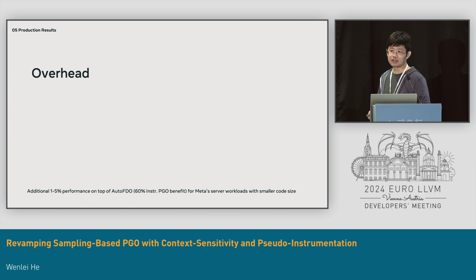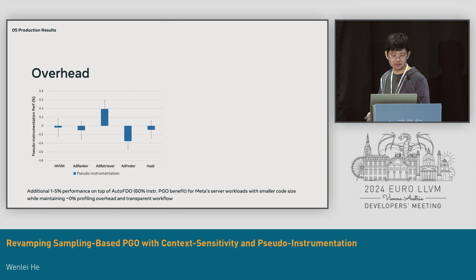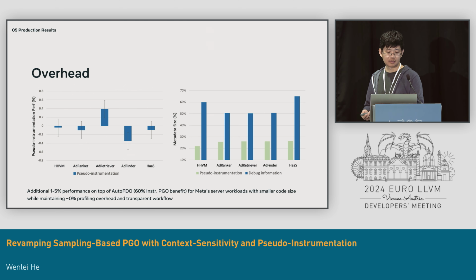We emphasize a lot on the importance of low overhead for data center usage of PGO. Now, this chart shows that with our implementation of pseudo-instrumentation, the overhead is actually near 0, and that makes it really scalable. The chart on the right shows that the metadata size of pseudo-instrumentation is also reasonable.